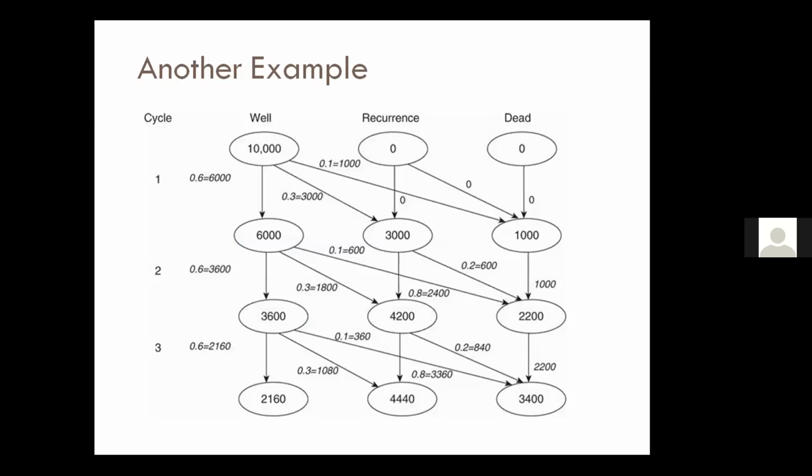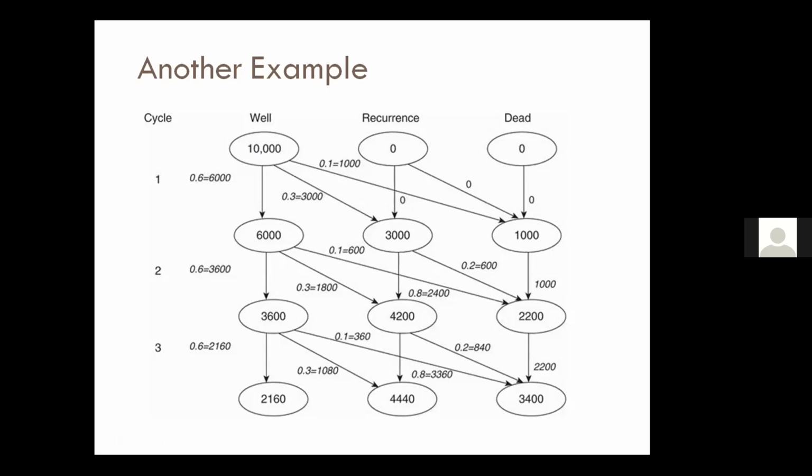So well, disabled and dead, and the cycles are 1, 2, 3. 60% will remain well, so of 10,000, that is 6,000. But out of this 10,000, some of them, 10%, are directly dying due to the disease. Some of them, about 30%, will be in the disabled state.